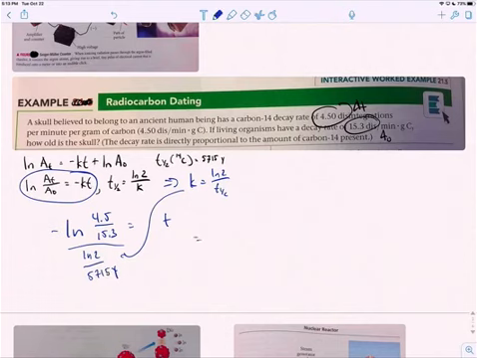And then you put that all in your calculator and you get 1.0 times 10 to the 4. So 10,000 years old. So that's how they do radioactive carbon dating.